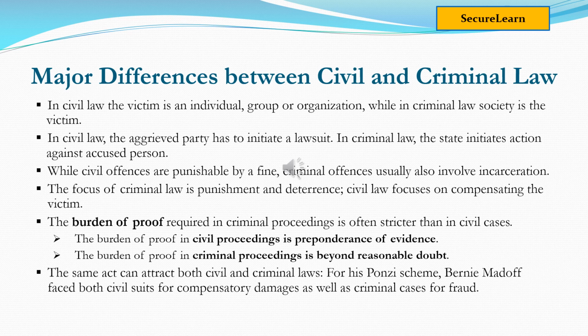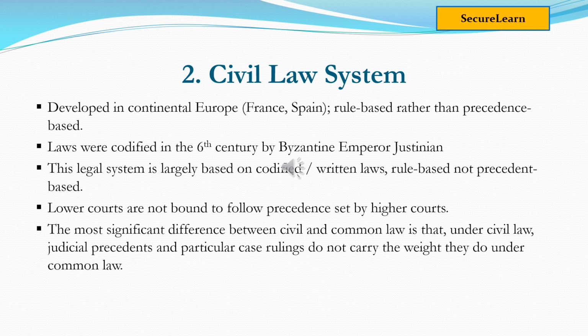There's a marked difference in the burden of proof required in civil and criminal proceedings. While preponderance of evidence is considered adequate in civil proceedings, in criminal cases the proof should be beyond reasonable doubt. The same offense can attract both civil and criminal proceedings.